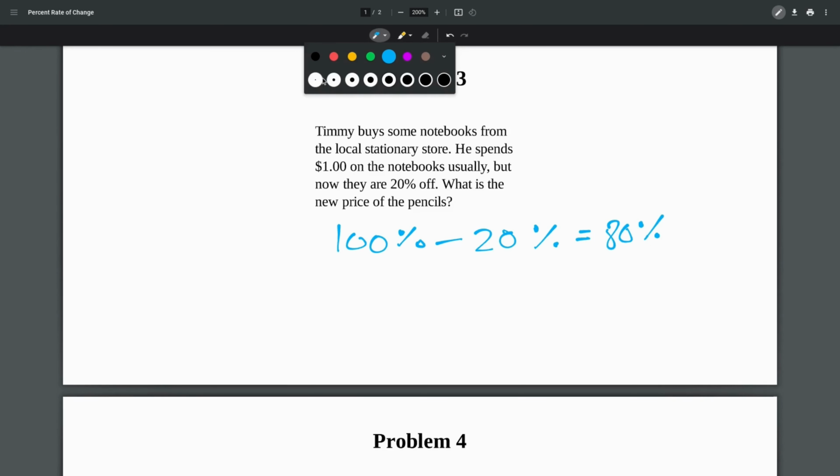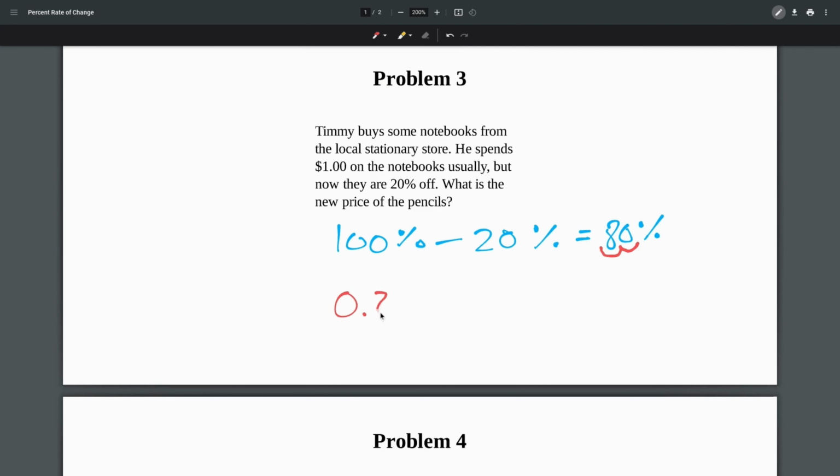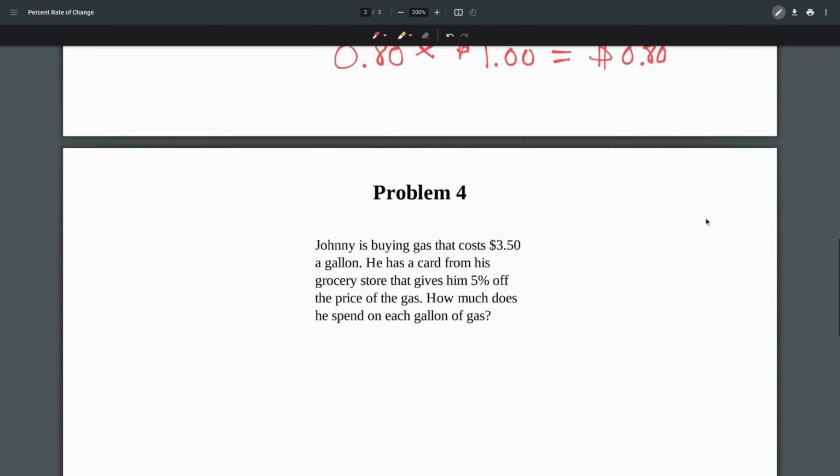So normally in 80, the decimal point is here, but to make a percent a decimal, we're going to move the decimal place 2 places to the left. So we're going to do 0.80 times $1, and that's going to give us just 80 cents. And that one's done. Cool. Let's go to the next one.